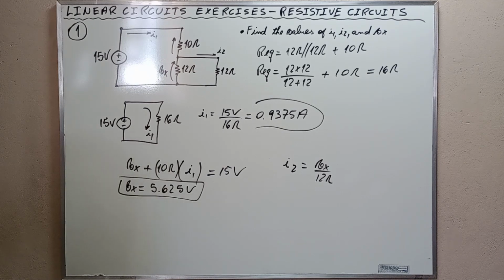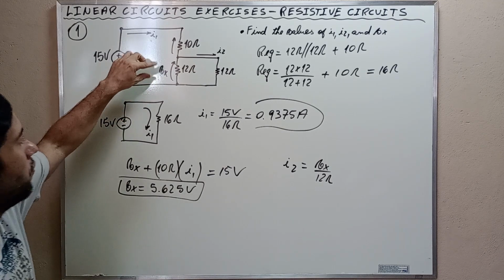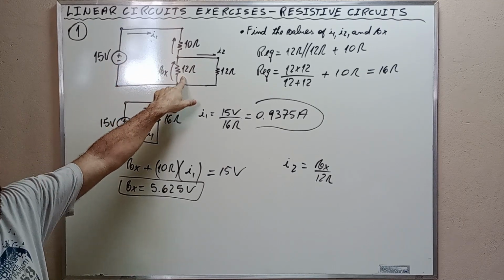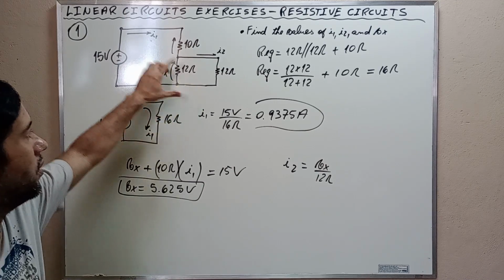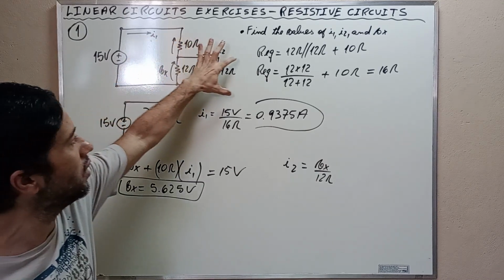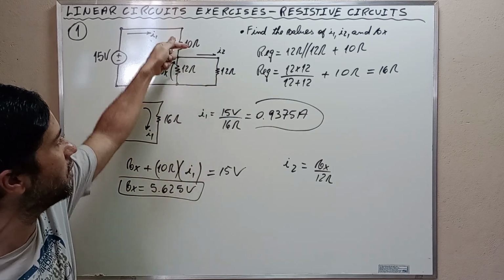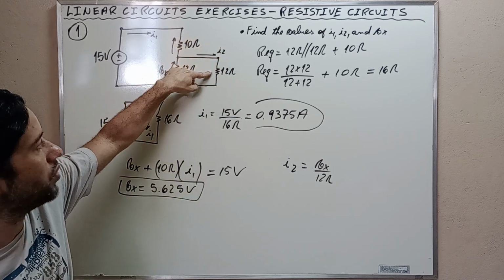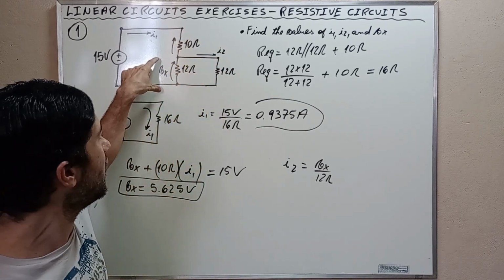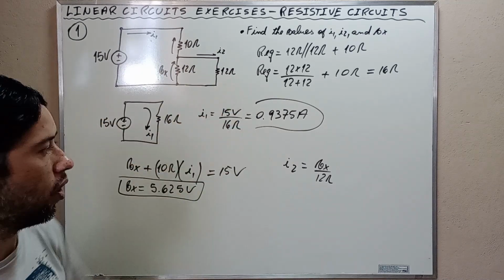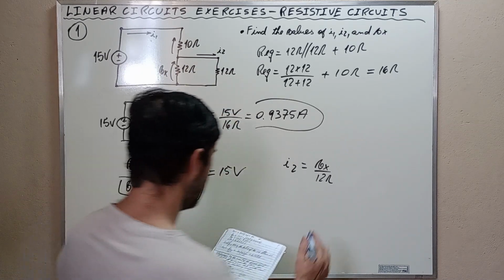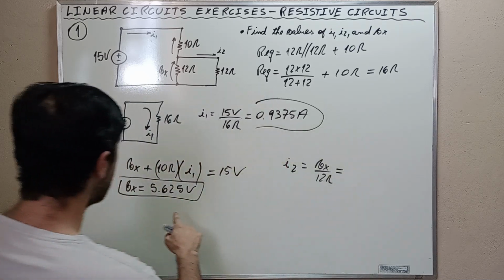It is simple. Vx is not only on top of this resistor; I2 goes to this resistor here.